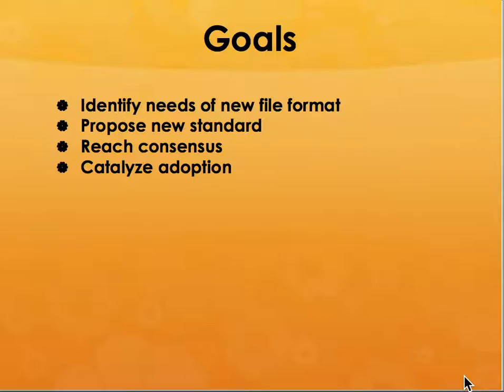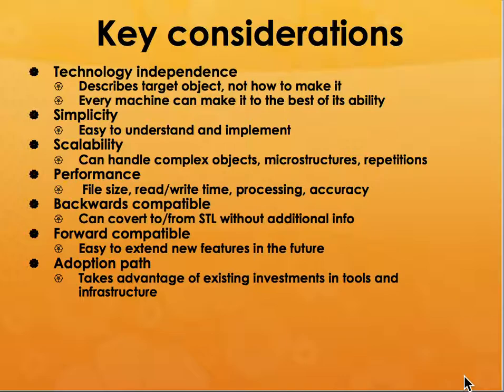In order to do that, you have to get together all the users, reach consensus, and get everybody to adopt it. So these are some of the steps to make it in the easiest way possible.